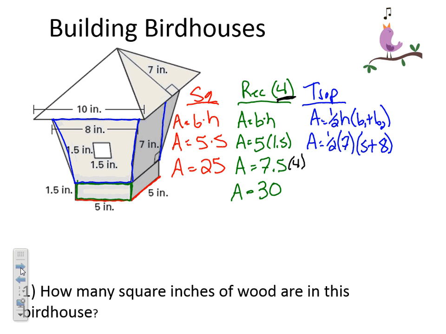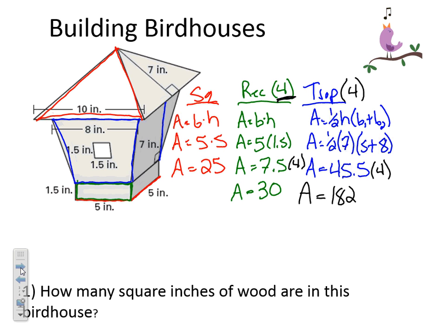I'm going to type that all in my calculator, and area equals 45.5. Now remember, we can't forget that there are 4 sides of this, so we also have to take this one times 4. So my area equals 182.